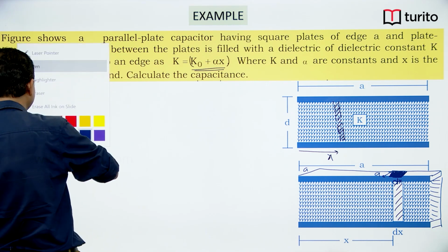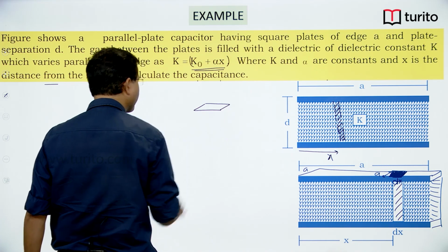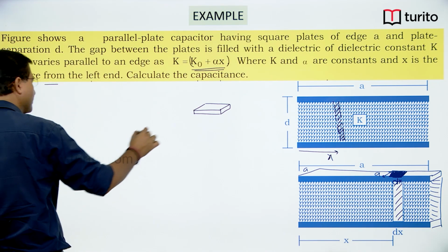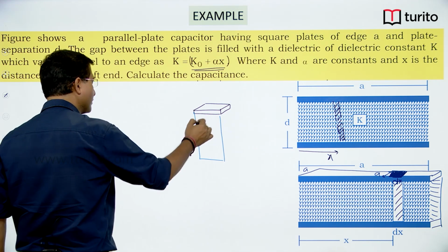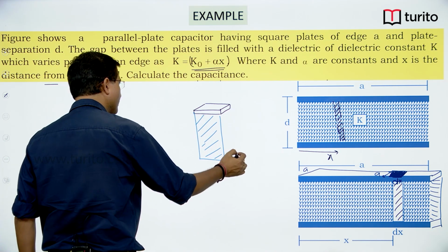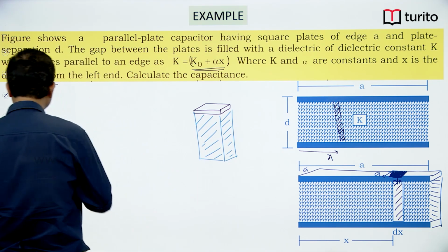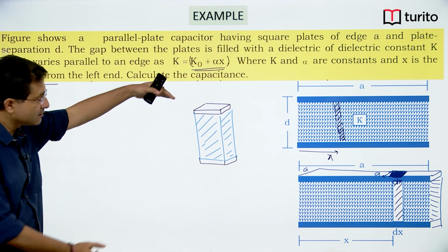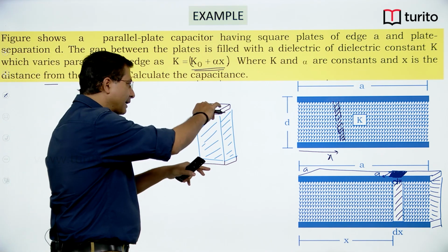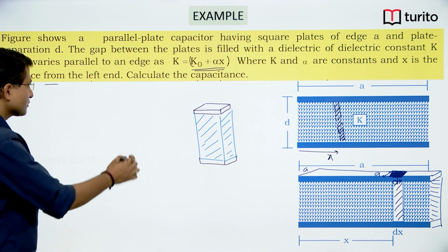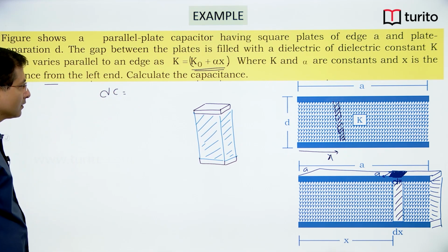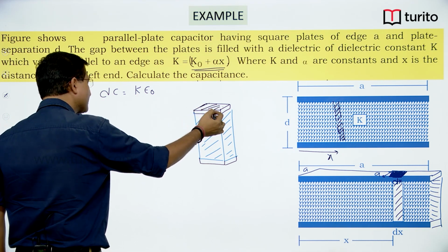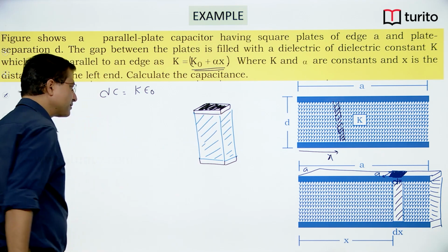Now, what is the capacitance of this part? dC is equal to epsilon naught K times the area of the plate forming the capacitance.